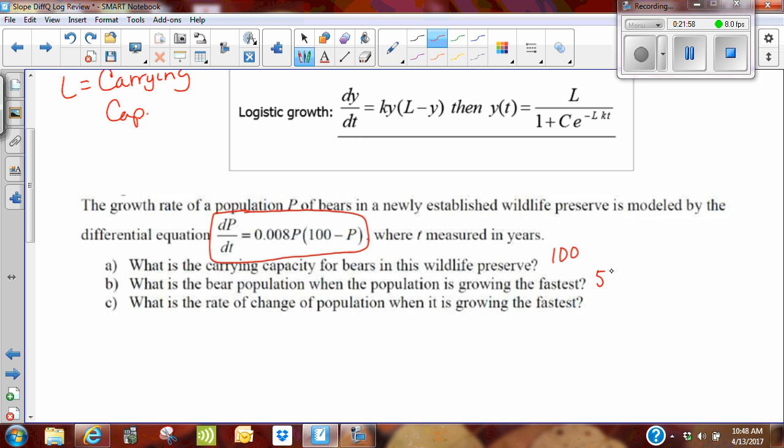And then what is the rate of change of population when it's growing the fastest? You have dP/dt, and you would just need to plug in 50 into that.